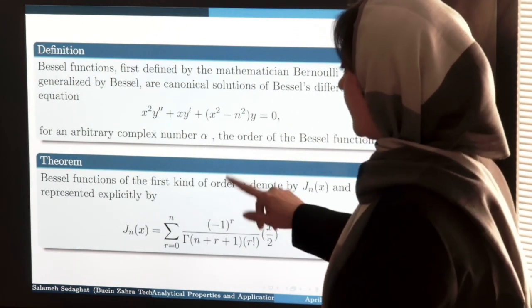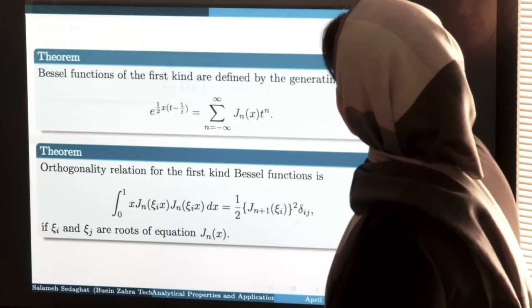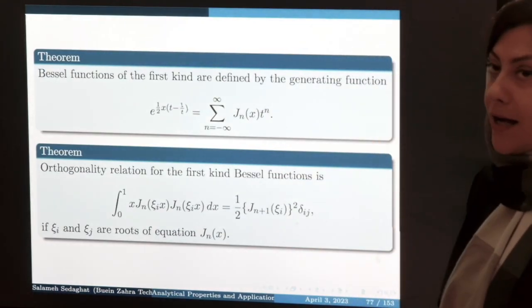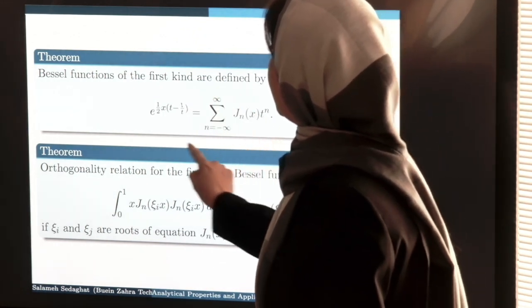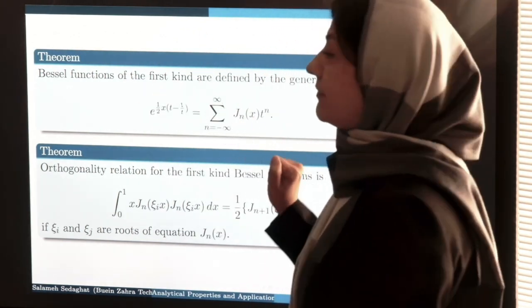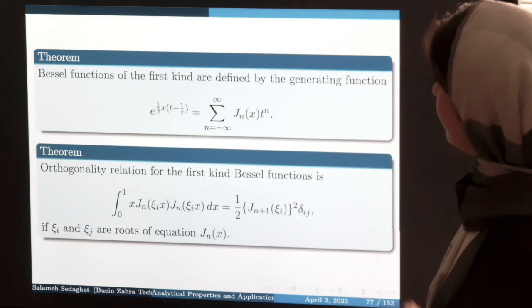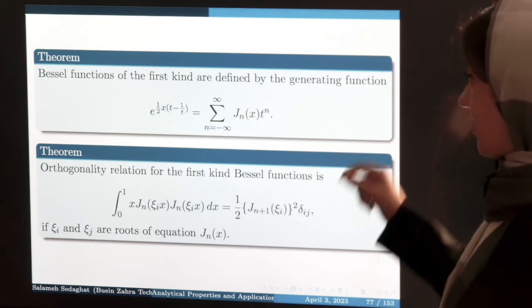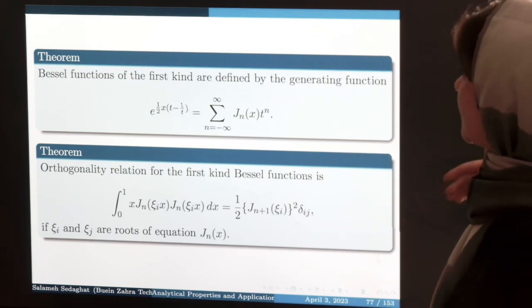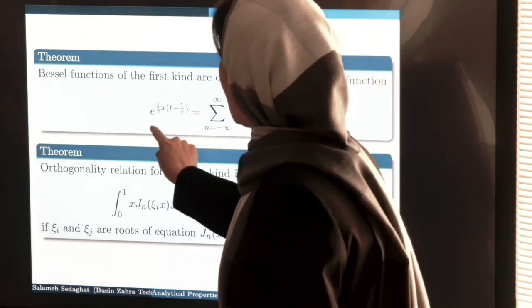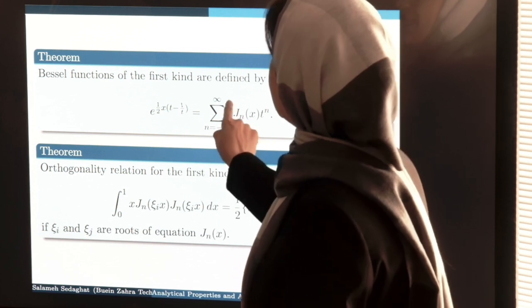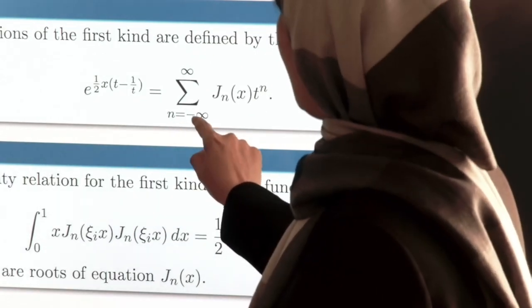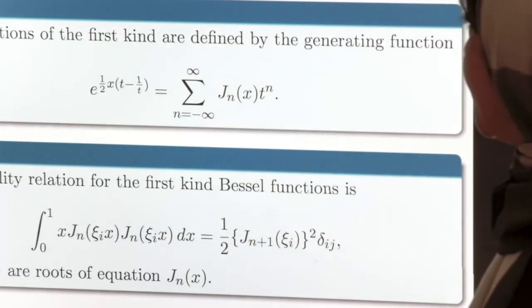We talked about it in the first session. Also, we have a theorem here about the generating function of Bessel functions. The generating function of the Bessel function of the first kind can be obtained from this equation. You can see this series is from -infinity to infinity.